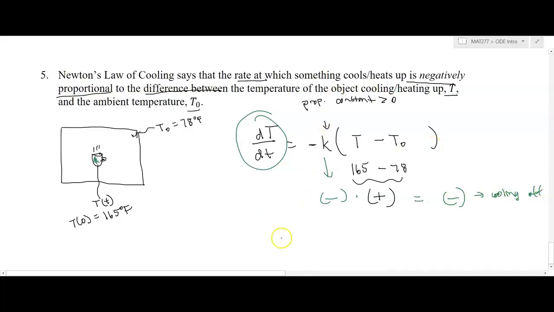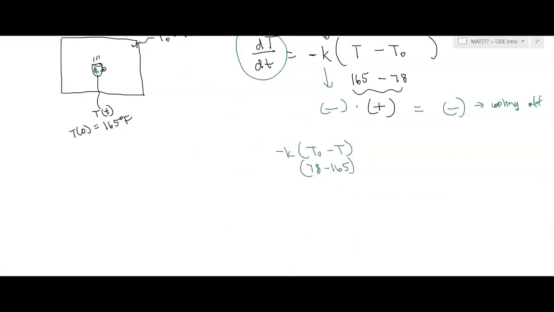If, however, you switch these around and you wrote T naught minus T, now let's think about this. So the temperature of the room is 78, temperature of the cup of coffee is 165. That quantity right there is negative, right?